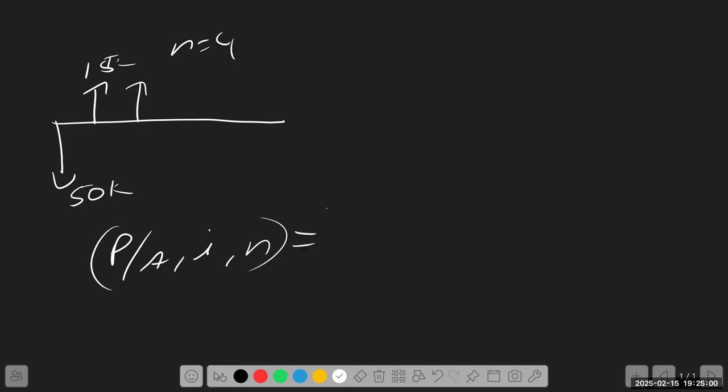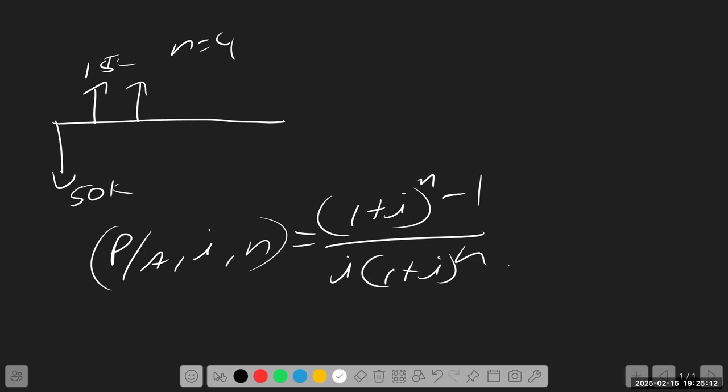So how will it be? (1 plus i) raised to n minus 1, divided by i times (1 plus i) raised to n. With this we can multiply by 15,000 and get the present value of this annuity.